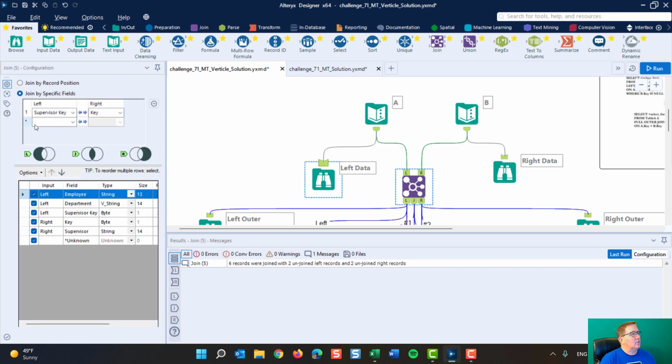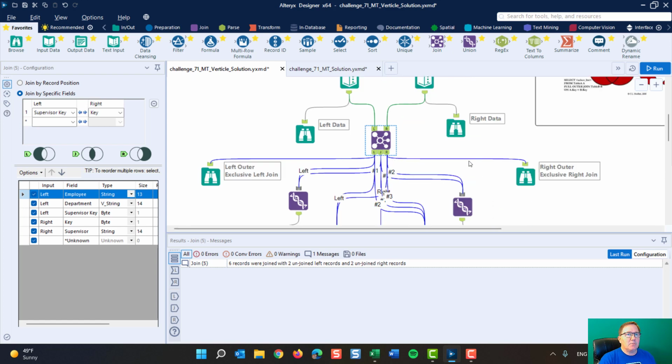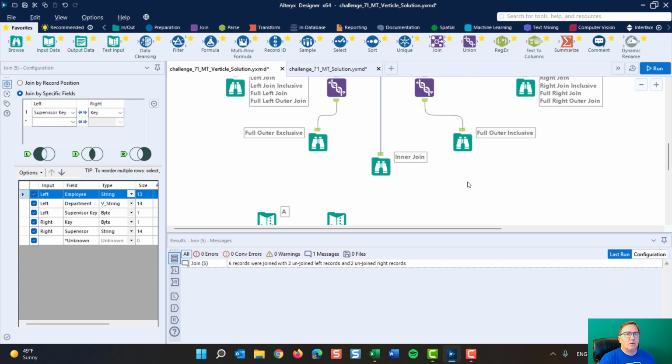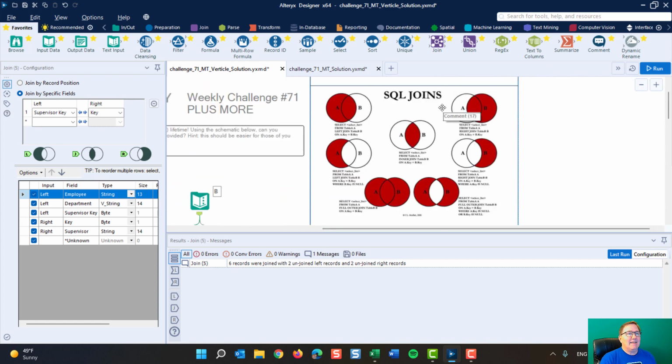We come down here, we do a left and a right key join. Now, left, join, and right, these are going to correspond to what we talked about a couple moments ago in the inner join.